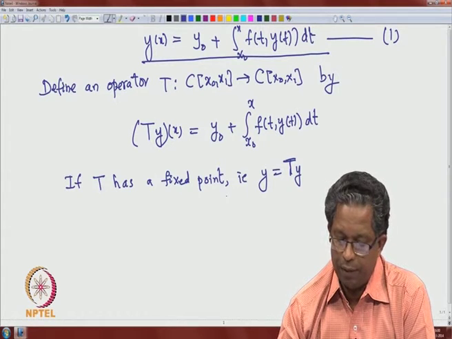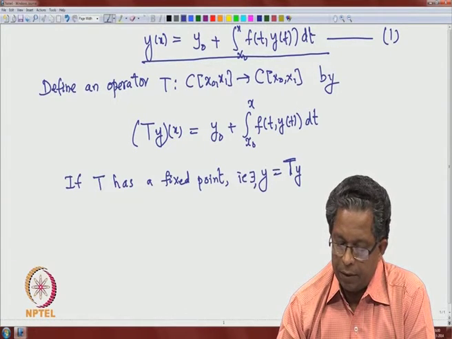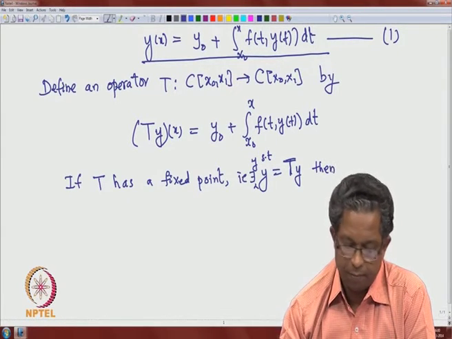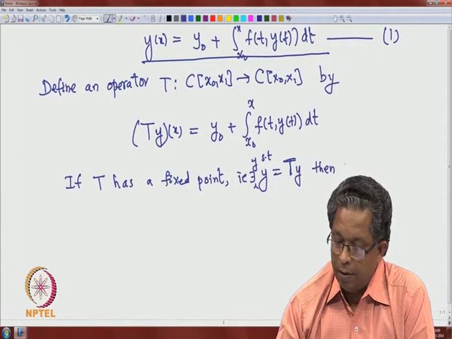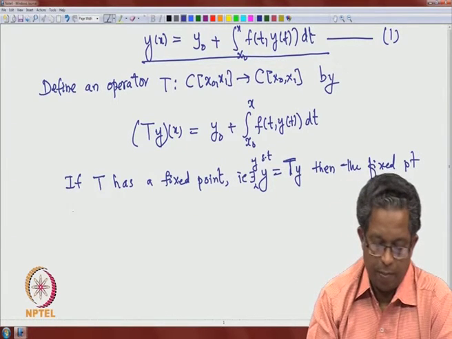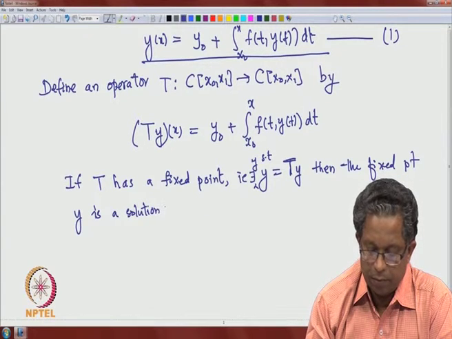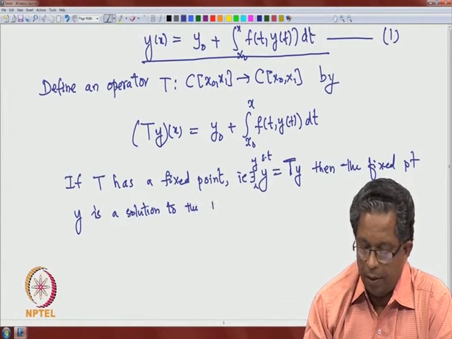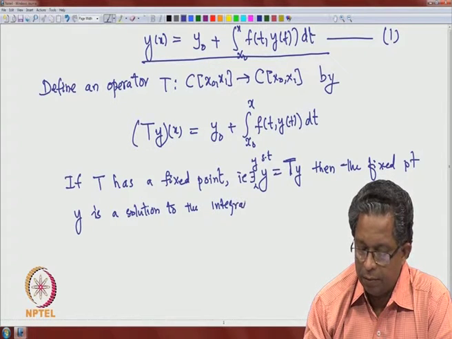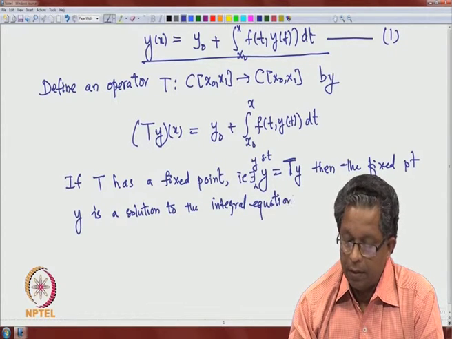If T has a fixed point, that is, there exists a y such that y is equal to Ty, then the fixed point y is a solution to the integral equation 1.